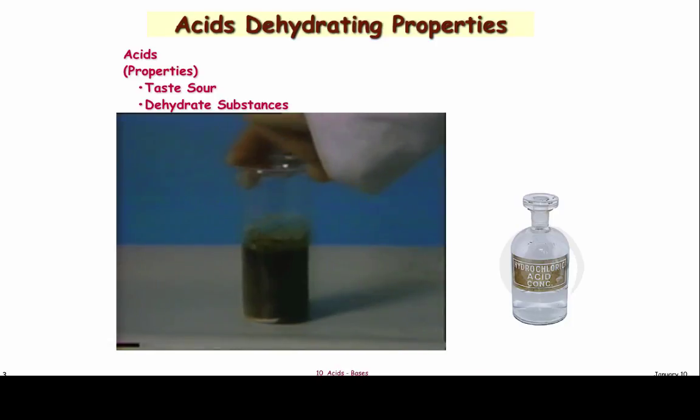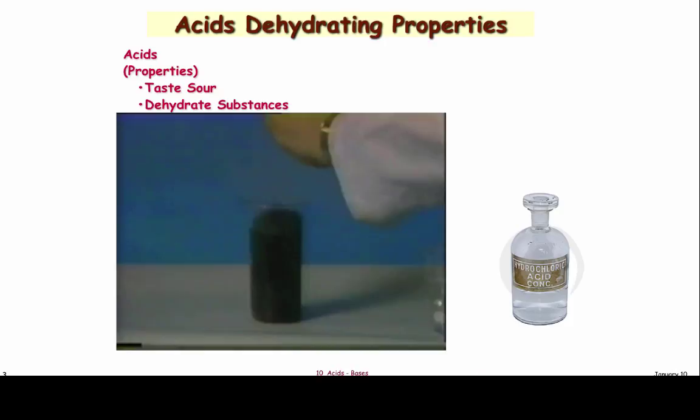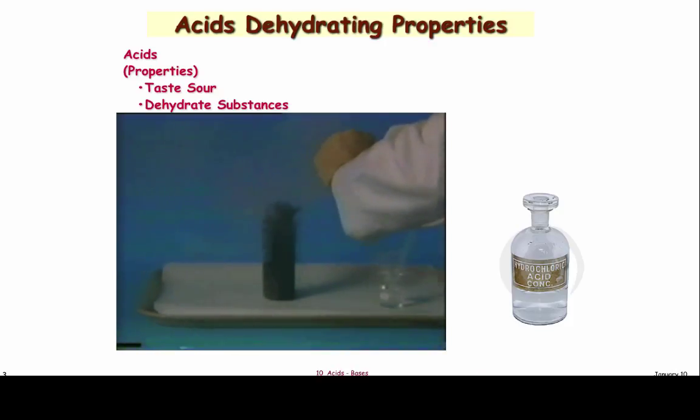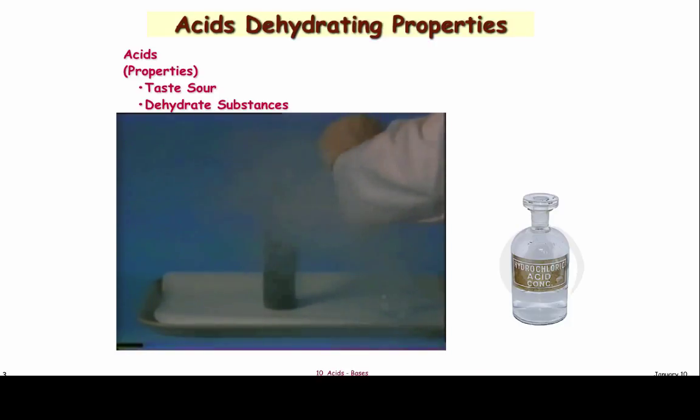The removal of water from the sugar by concentrated sulfuric acid is an exothermic process. We soon begin to see steam formed. As the steam mixes with the carbon, it forms a black pillar which rises high above the beaker as the mixture heats and expands.